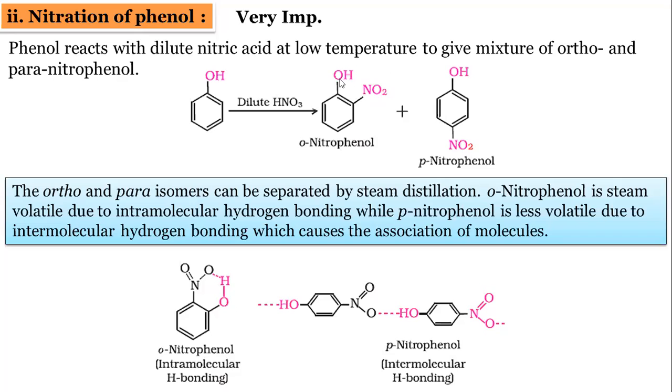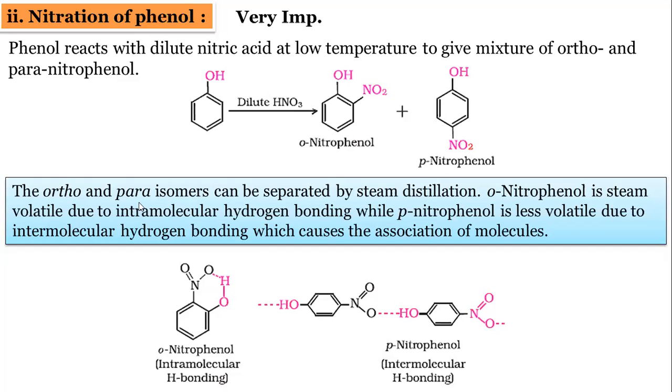This ortho-nitrophenol has intramolecular hydrogen bonding. So what is intramolecular hydrogen bonding? I will explain. In the case of para-nitrophenol, there is intermolecular hydrogen bonding. Intermolecular hydrogen bonding means bonding between two different molecules, and intramolecular hydrogen bonding means bonding within the same molecule.